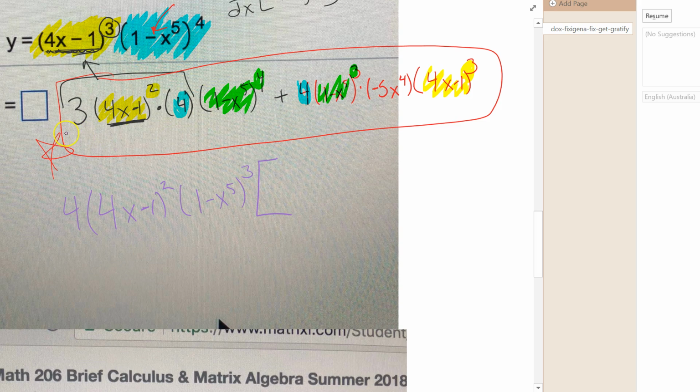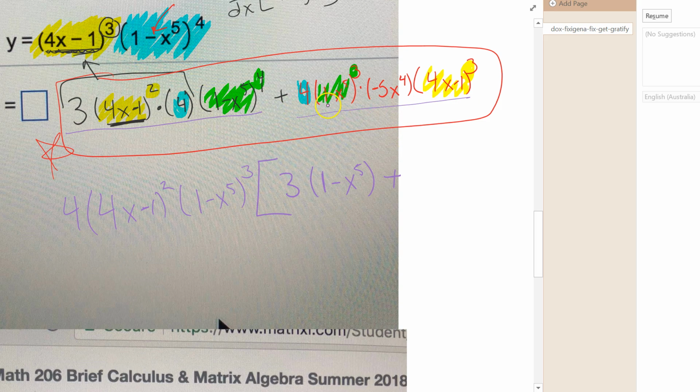So you can see out of my first term, I pulled out a 4. I pulled out 4x minus 1 squared, and I pulled out 3 of the factors of 1 minus x to the 5th. So I'm left with a 3 and 1 of the factors of 1 minus x to the 5th. Plus, my second term, I pulled out a 4.